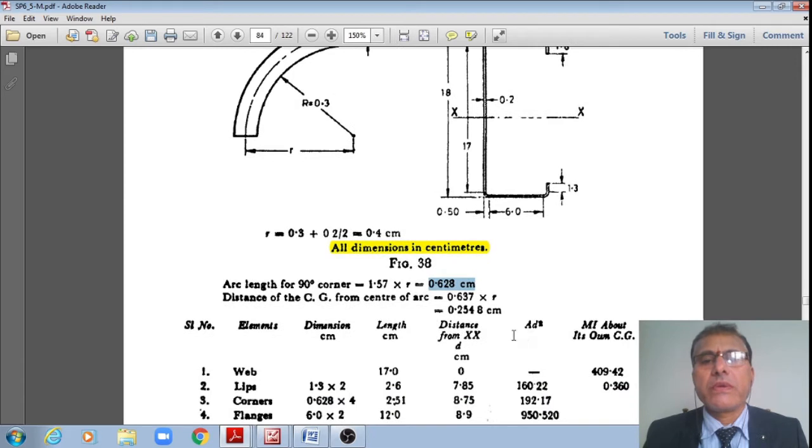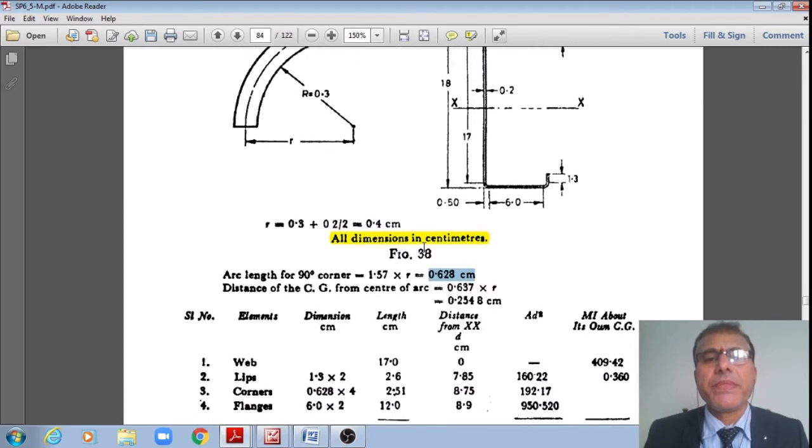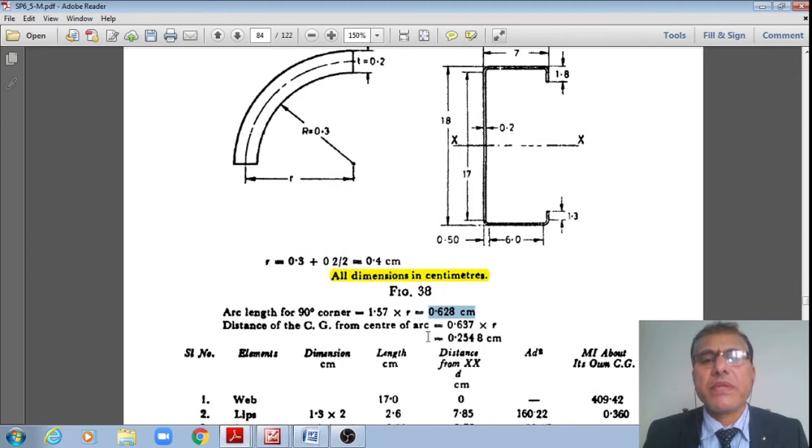0.628. Now next one. Once I get this, the distance of the CG from the center of the arc is given by this formula, 0.637 multiplied by r, which is 0.2548. Students, all these formulae we already know from engineering mechanics or strength of materials at graduate level.